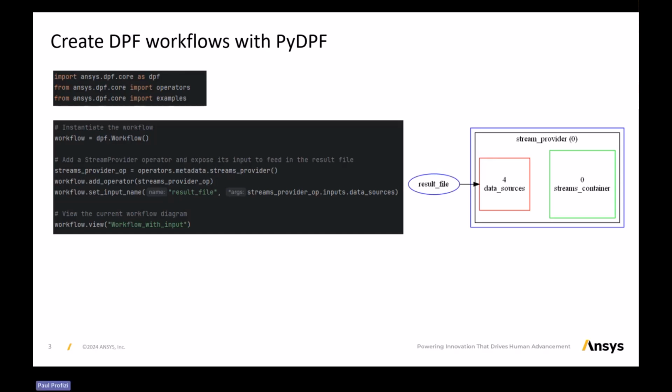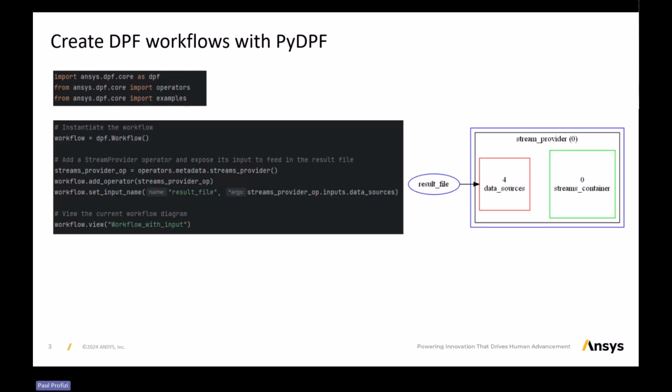So how to create DPF workflows with PyDPF? You start with your basic imports at the top, and then you instantiate a new PyDPF workflow. In this example, I just wanted to show how you can feed in a result file. Those of you who already know PyDPF are familiar with data sources.